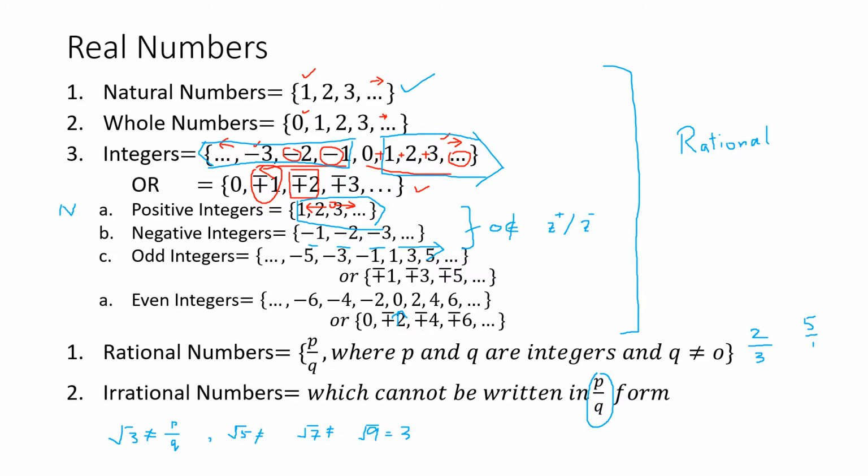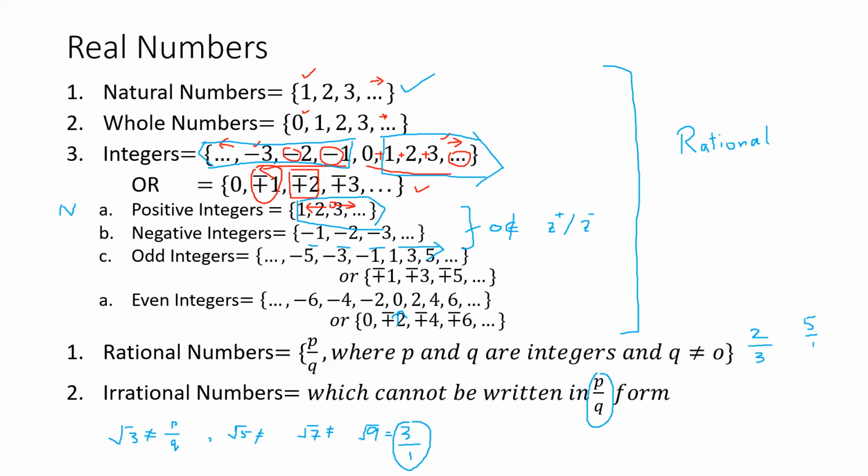You can write it in p by q form, not as a fraction, but in p by q form. So the square roots of all prime numbers are irrational numbers.